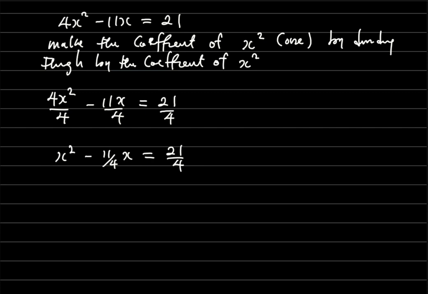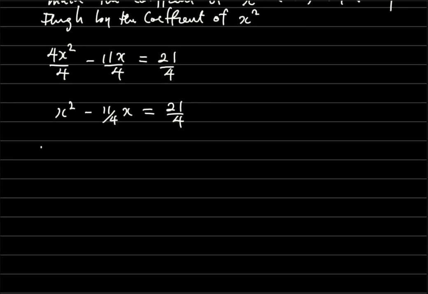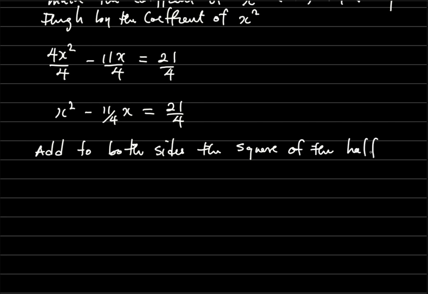The next step we are going to take is the most important step in this method, which is to complete the square. How do we do that? We are going to add to both sides, the left and the right hand side, the square of half of the coefficient of x.